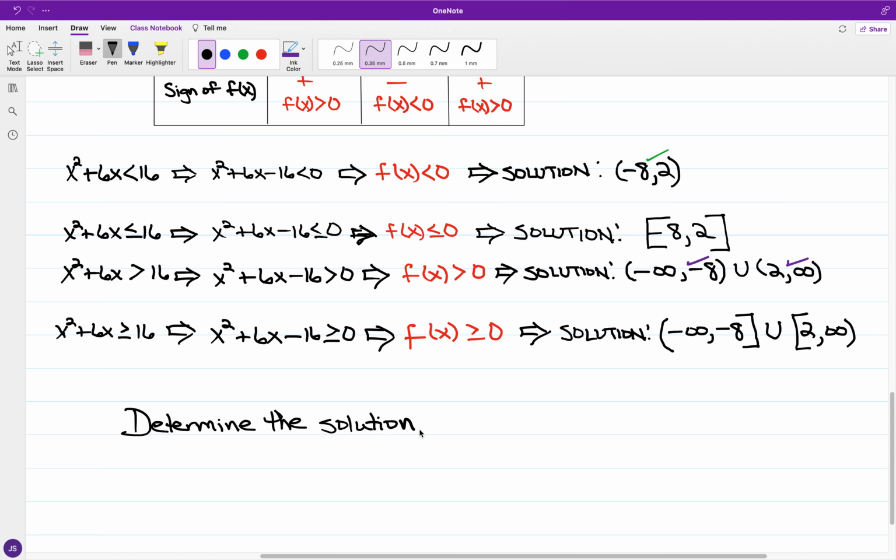Let's see what we get in solving for x in the inequality where we have x squared minus 4x is greater than or equal to 32. Okay, so the next few minutes. Let's see what we get for the values of x such that x squared minus 4x is greater than or equal to 32.